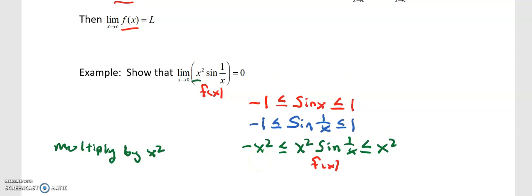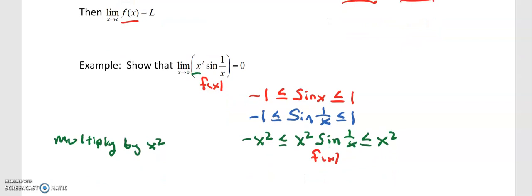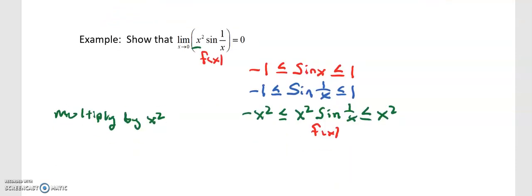All right, and that's all well and good, as long as I can find the limit of g of x and the limit of h of x. And so in this case then, back to this inequality over here, g of x and h of x, well, negative x squared is my g of x, and x squared is my h of x.